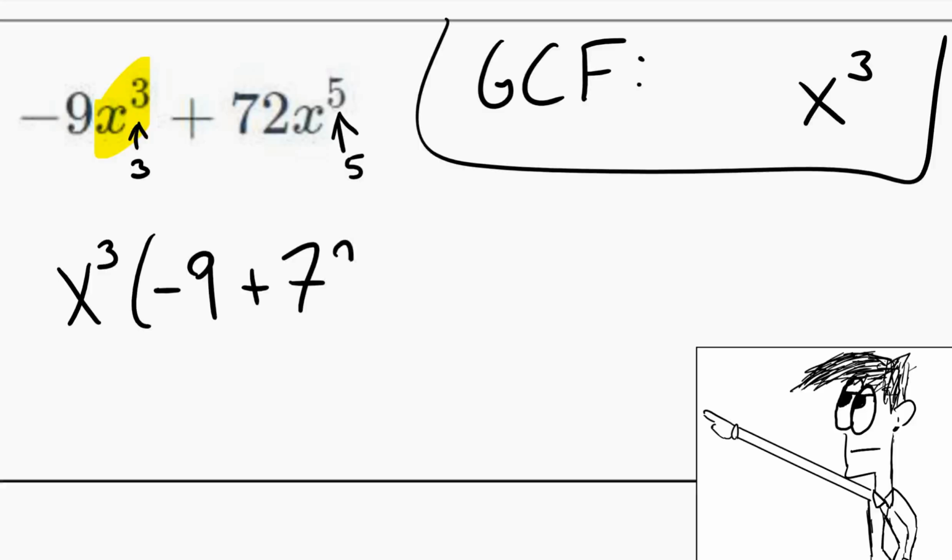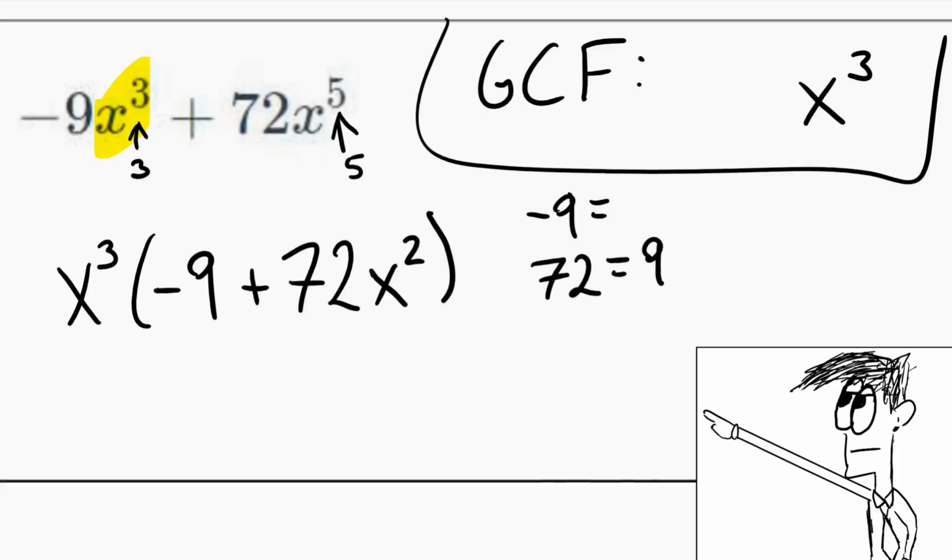Plus 72. X to the 5th divided by x cubed is x squared. Okay, and now we're left with negative 9 and 72. Negative 9, I can write that as... well, let's start with 72. 72 is just 9 times 8, and negative 9 is just 9 times negative 1.